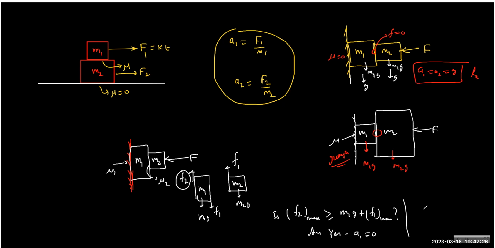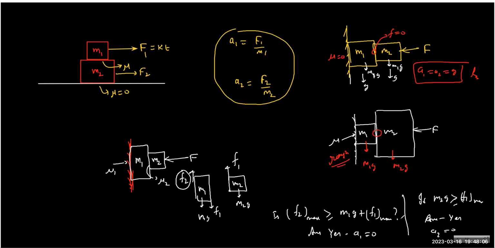And then we'll check, is M2g more than F1 max? Answer, yes. A2 is also 0. And if both answers are correct, then what is F1?